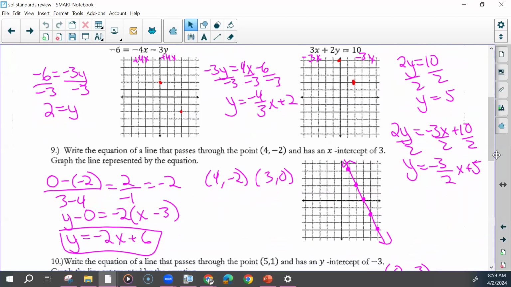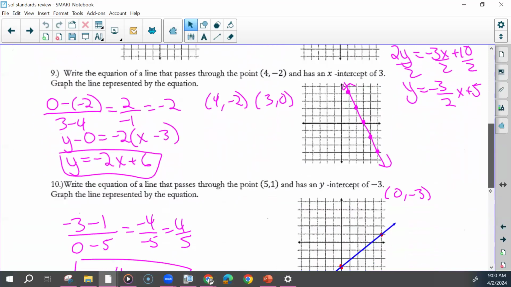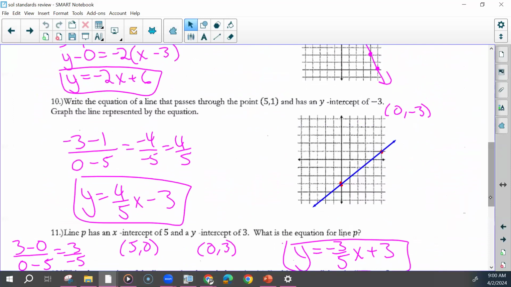And then for 9 through 15, you had to write the equation, but a lot of this you could do in Desmos. The equation would be y equals -2x plus 6 for number 9. For number 10, y equals 4/5 x minus 3.